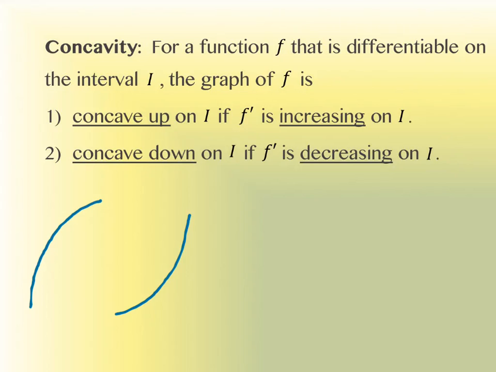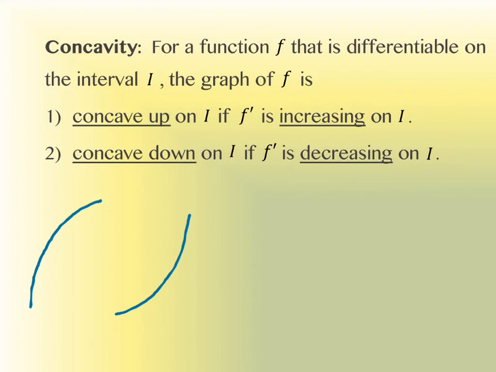So what we're talking about with this one is if f prime is increasing, that's this graph. This graph is getting steeper. The derivative is getting steeper. Okay, both of these are increasing graphs, but this second graph is increasing faster as you go. The first graph still is increasing, but it is increasing less quickly as you go.